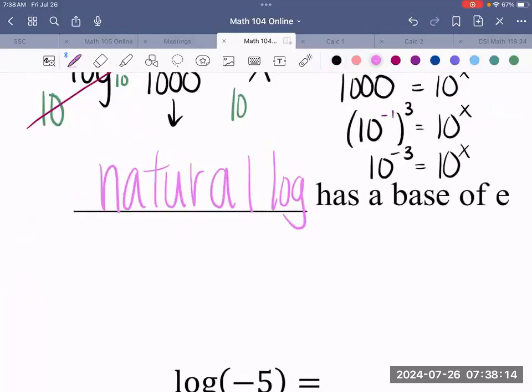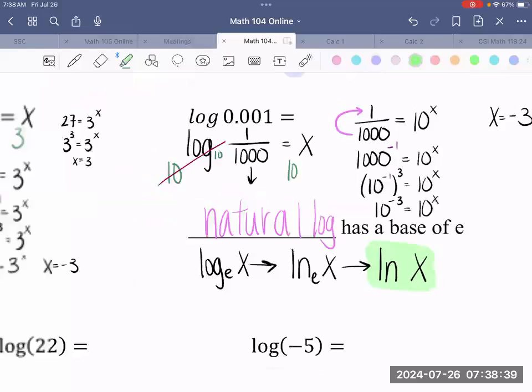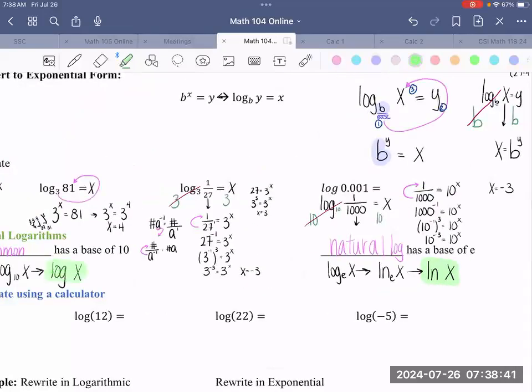Typically, if you have log base e of x, this is usually written as ln of x. And even more common, you're not going to see the hidden e. So typically, you'll see ln of x along with just log of x if it has one of those two bases.